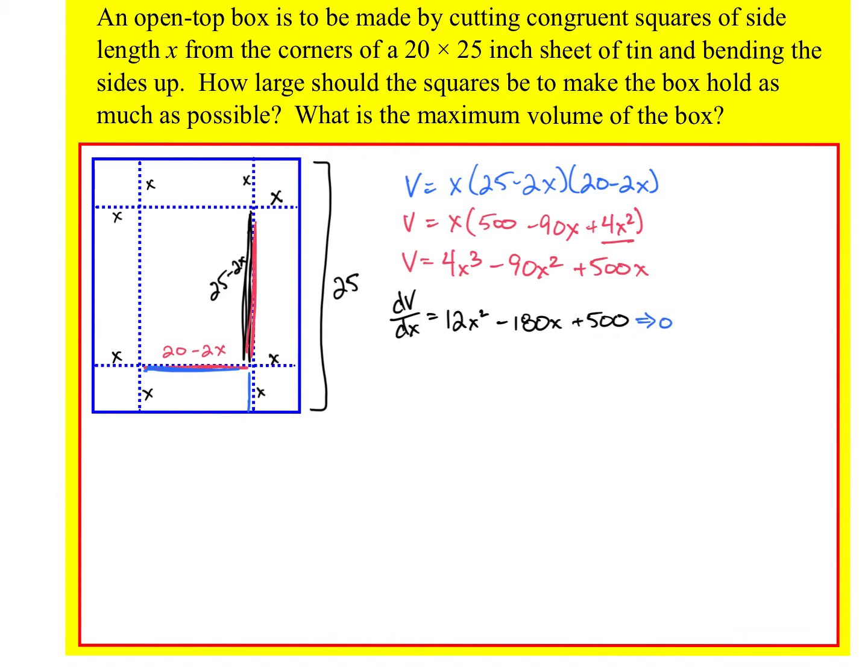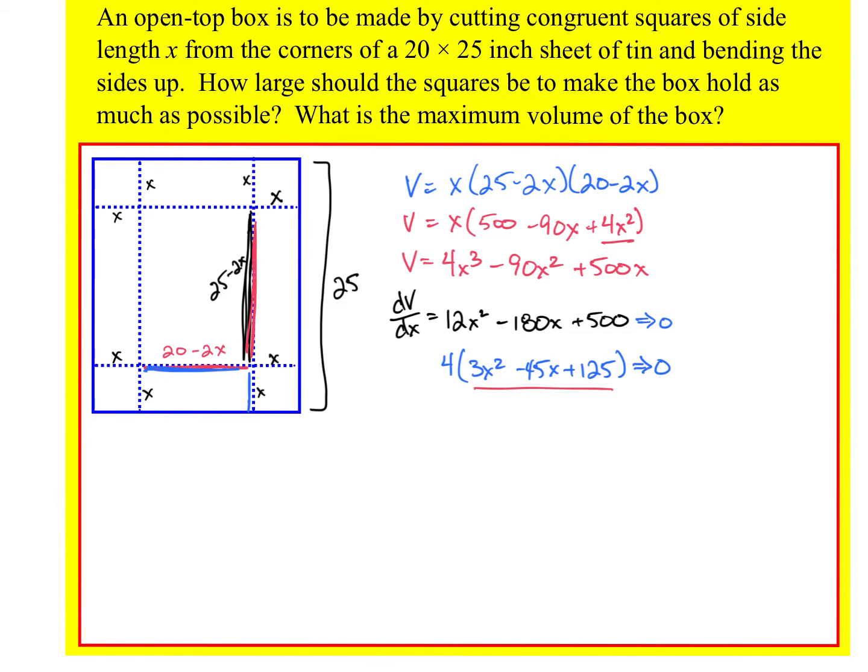We can factor out a number: 12, negative 180 and 500 are all divisible by 4. So now we have 4 times (3x squared minus 45x plus 125). Normally what I like to do to quadratics is factor them, however, that one is not factorable.